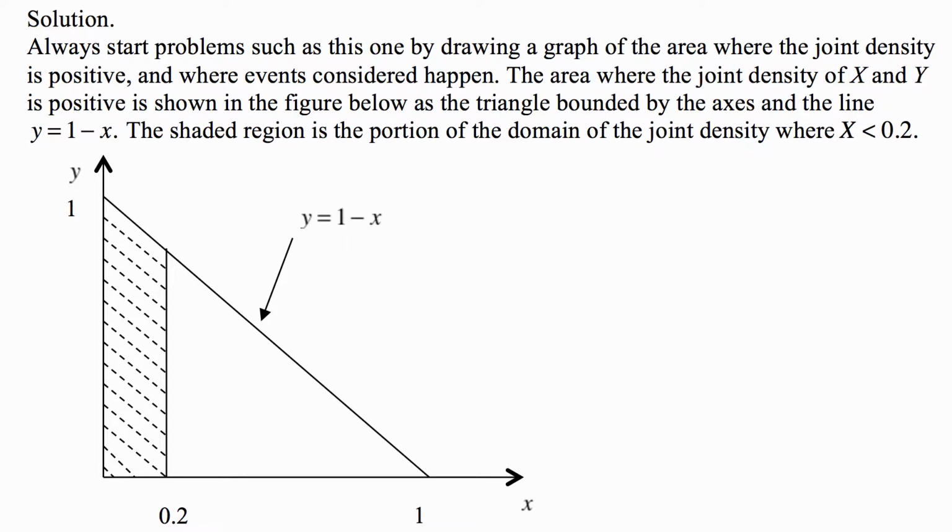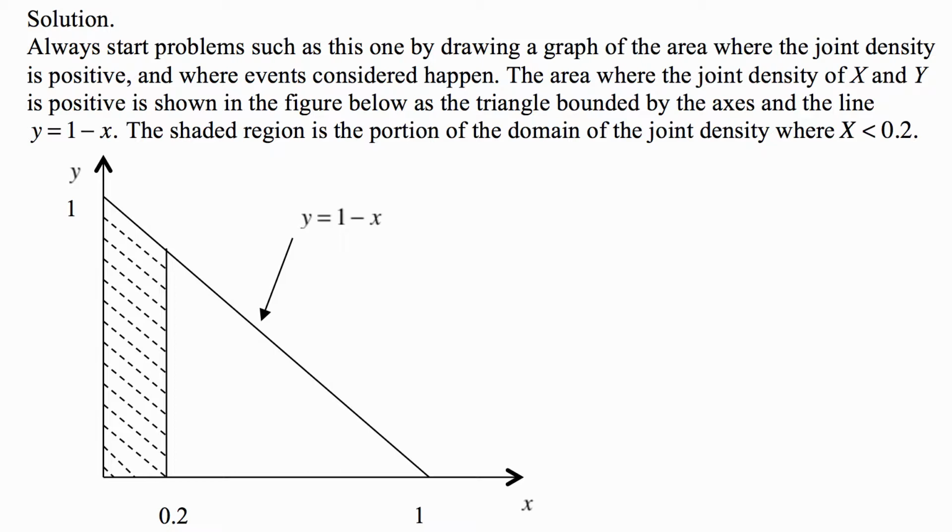Here's a solution. For a problem about a two-dimensional distribution where you're considering the relationship between random variables typically denoted by x and y, you should start your solution by drawing a graph of the area where the joint density is positive and then where the events considered happen, the event whose probability you're calculating.